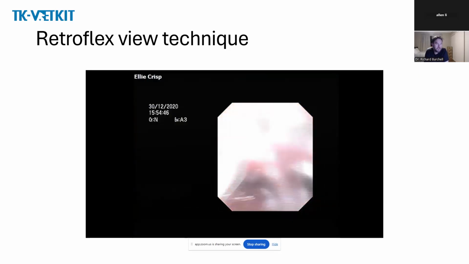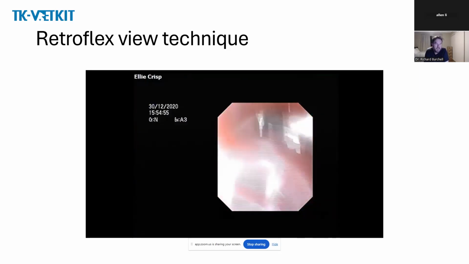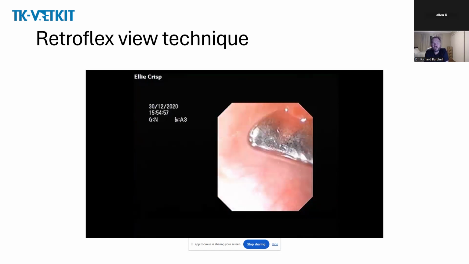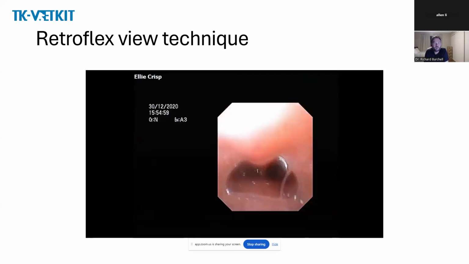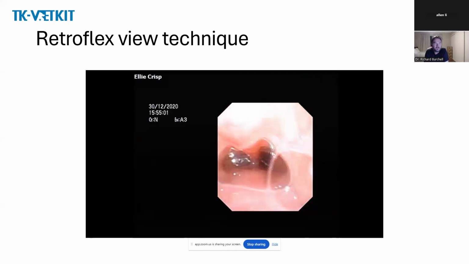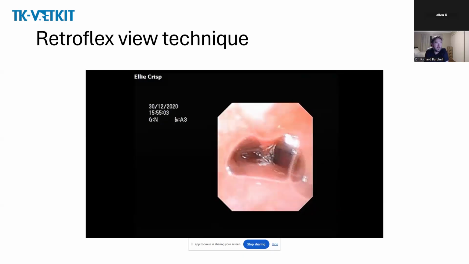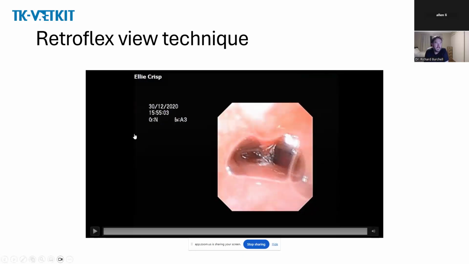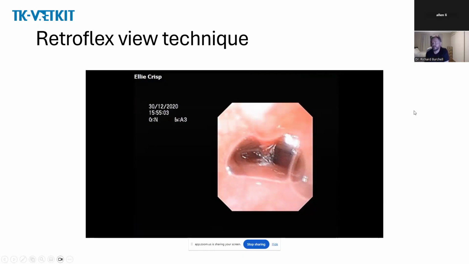And if the bubble doesn't clear, what you can do, and I did it in this video, but unfortunately I didn't capture that image for you, is you can just put some flush down the nose, and that will break the bubble for you. So this is looking into the nasopharynx. There is a bubble in the way, but we can easily fix that. So that's the retroflex view.